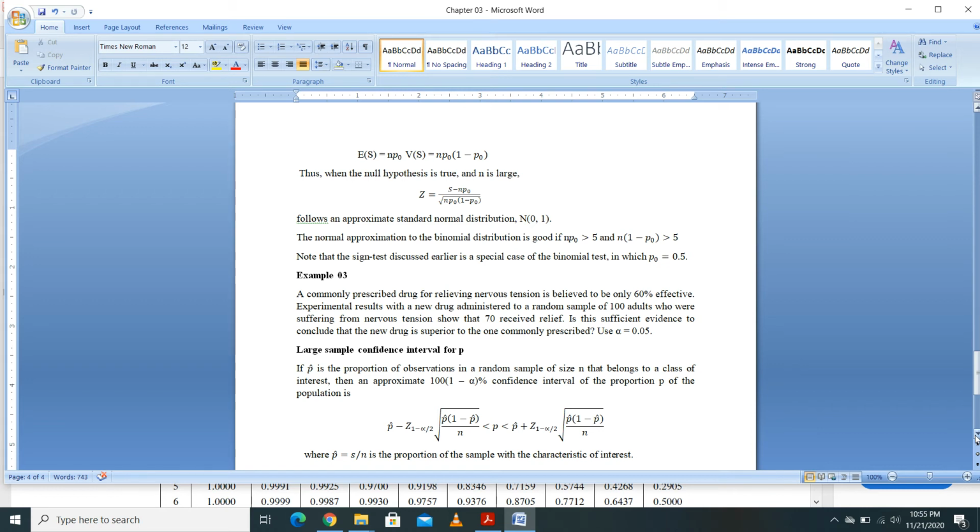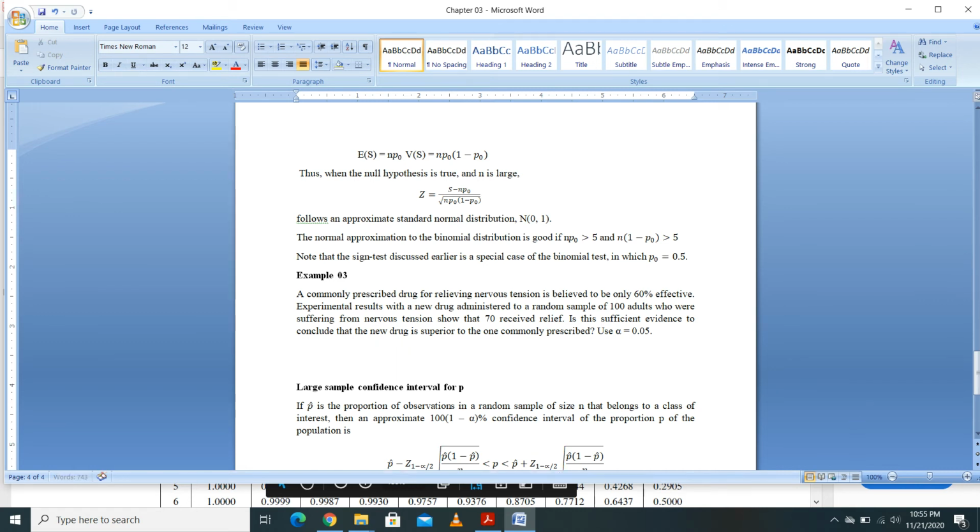So what is the first step? The first step is we have to write down the hypothesis. Now what is the hypothesis? Now there are these patients who are having this nerves tension.